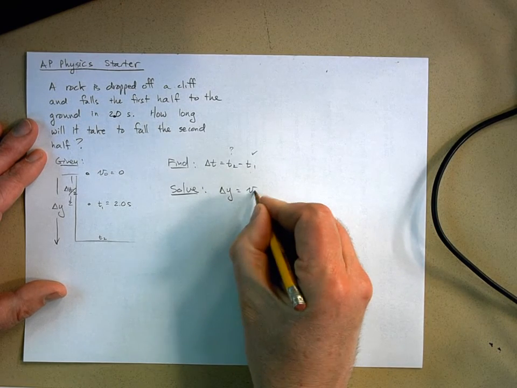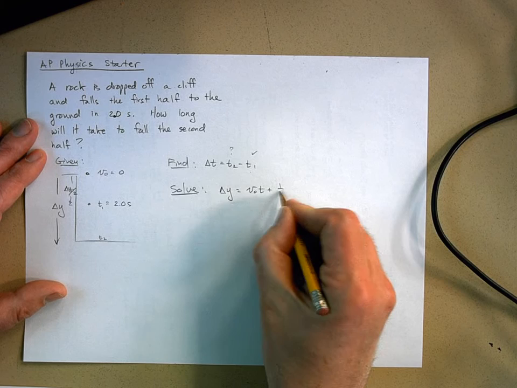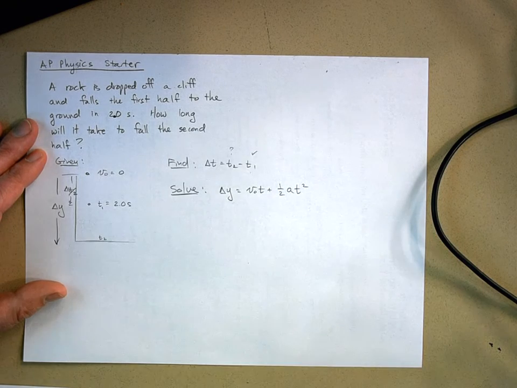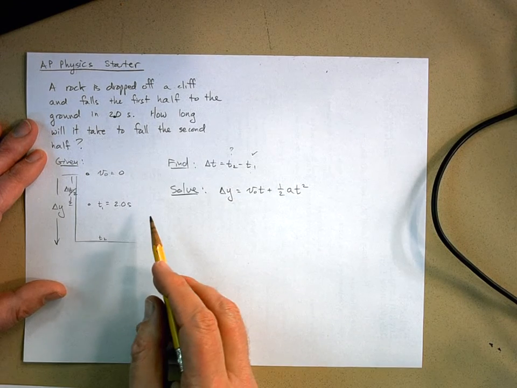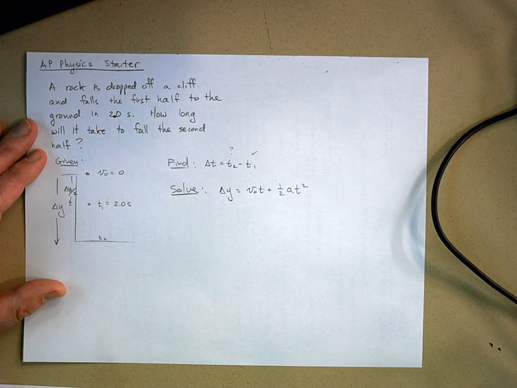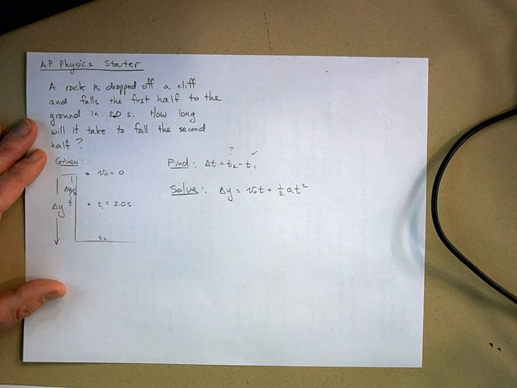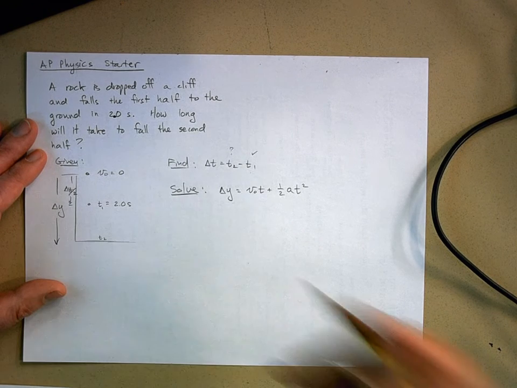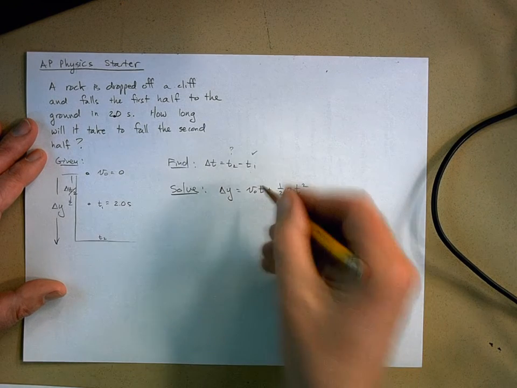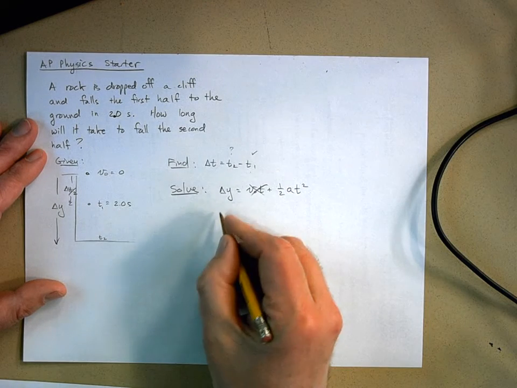Delta y equals V naught t plus 1/2 a t squared. Now, I got this from a multiple choice question. You can usually assume that the acceleration, instead of 9.8, you can call it 10, just to make the calculations easier. But anyway, V naught is 0, so this goes away.